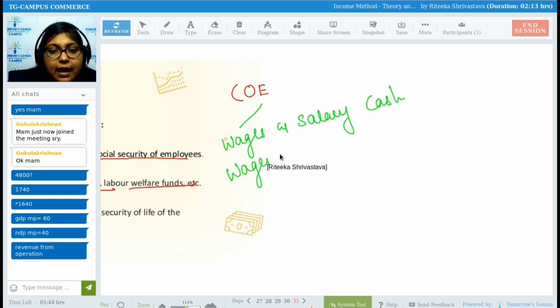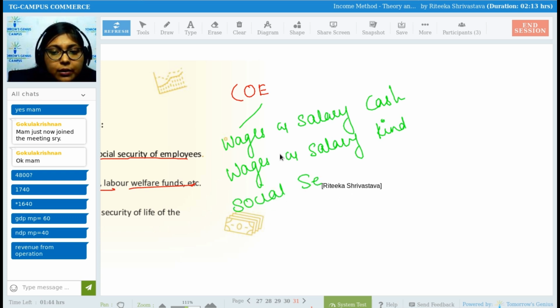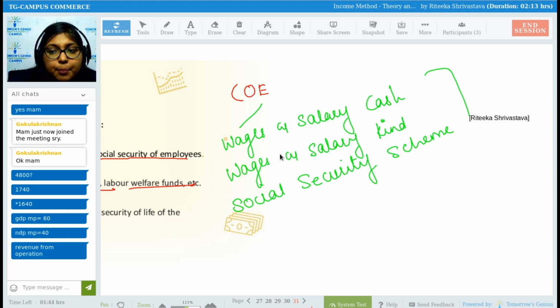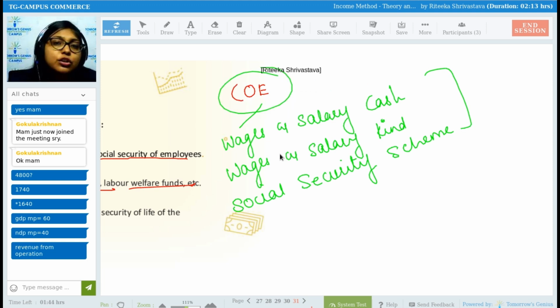Second was wages and salary in kind. And third is social security scheme. So these are the three subparts of compensation of employees.